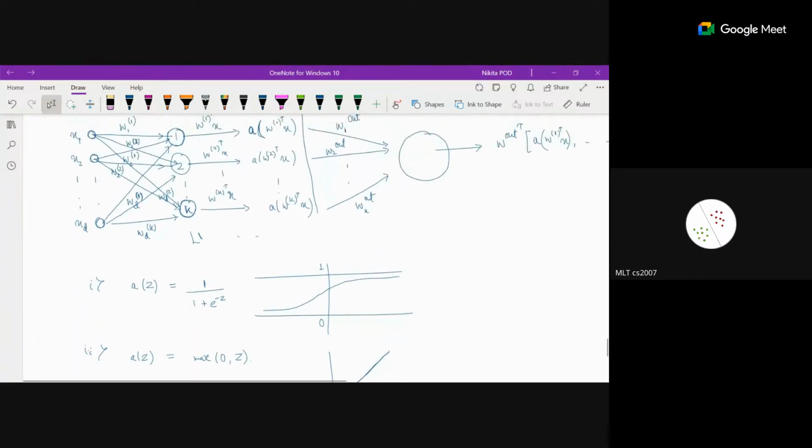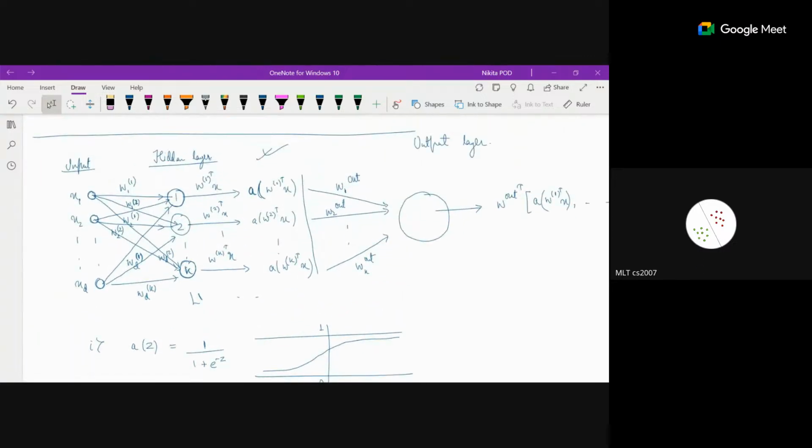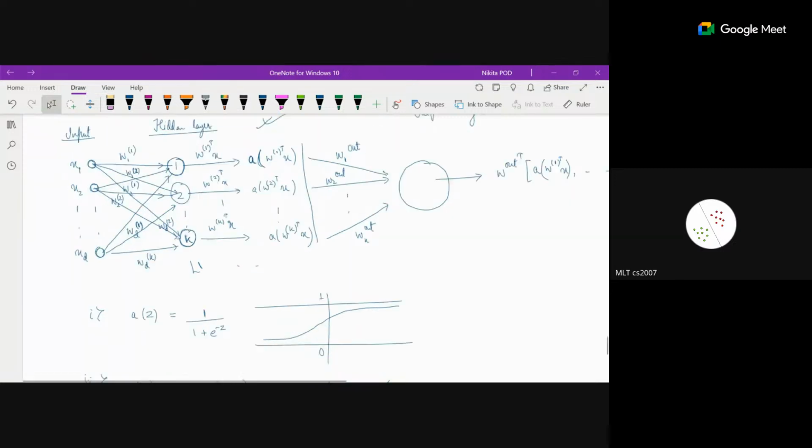And now let's say we have to solve some regression problem with this neural network, then what output do we expect?